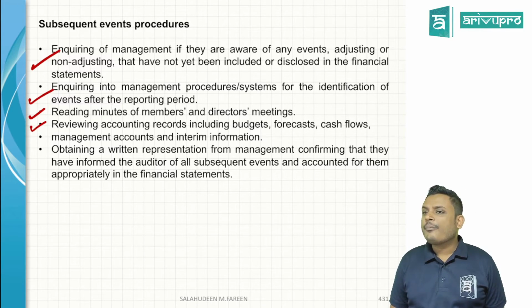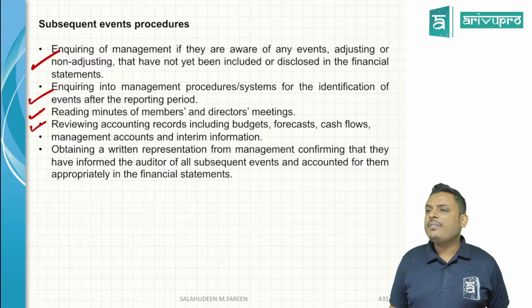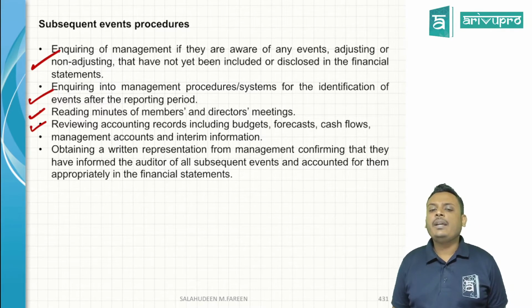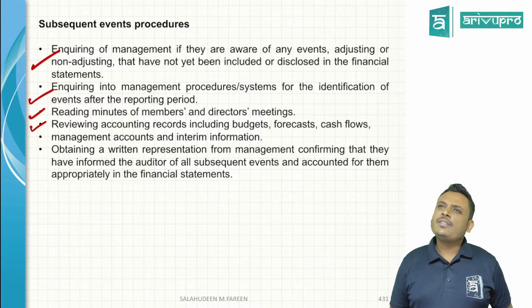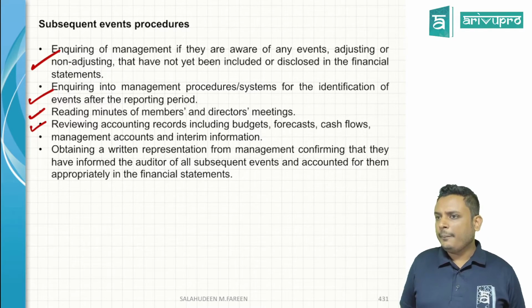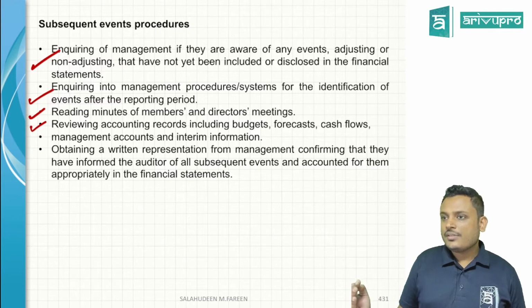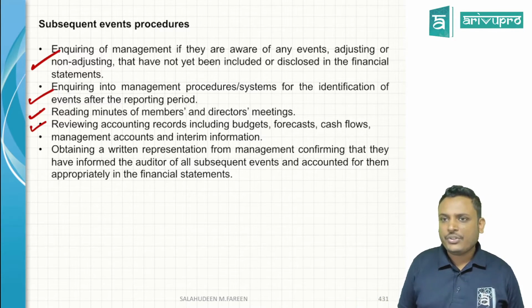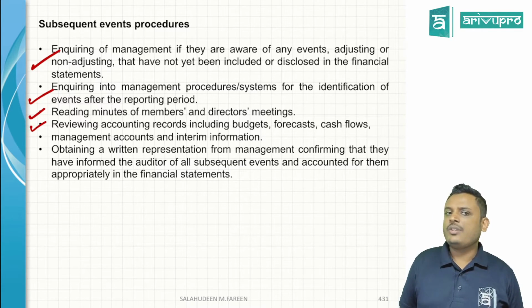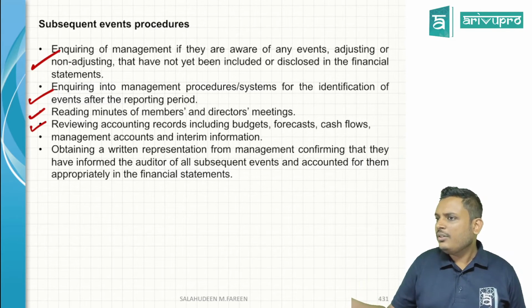Why? To identify whether there are any subsequent adjusting or non-adjusting events covered by these forecasts or budgets. For example, in the cash flow forecast, when you are preparing, we are estimating sales, credit sales, and purchases, credit purchases. And like that, you are preparing a purchases budget and a sales budget for the future.